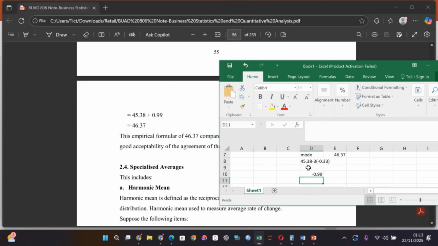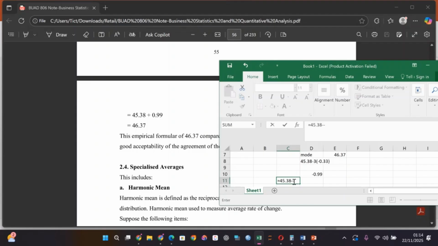This is what it's supposed to give you. So now it's supposed to give you this minus, because this minus is still standing. So the last answer now is going to be equals to 45.38 minus minus.